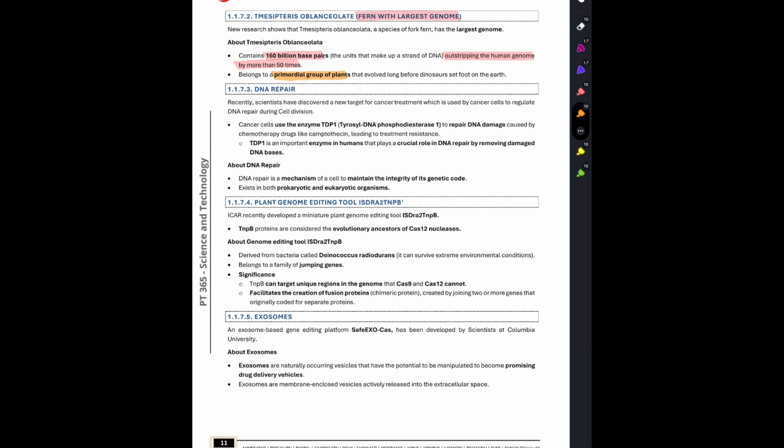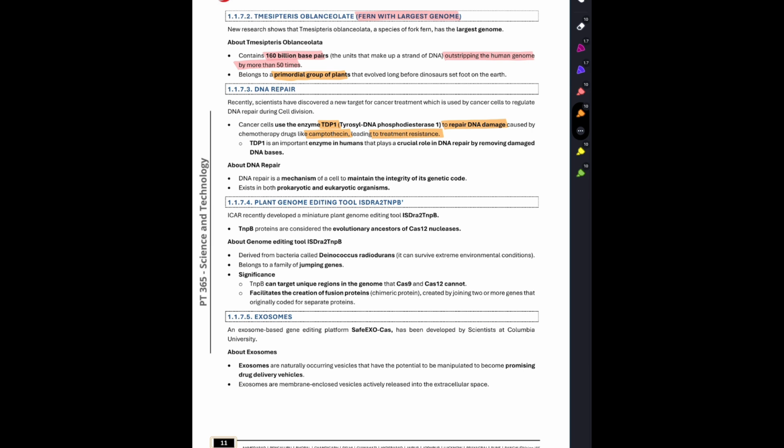Cancer cells use the enzyme TDP1, tyrosyl-DNA phosphodiesterase 1, to repair their own DNA damage, caused by chemotherapy drugs like camptothecin, leading to treatment resistance.